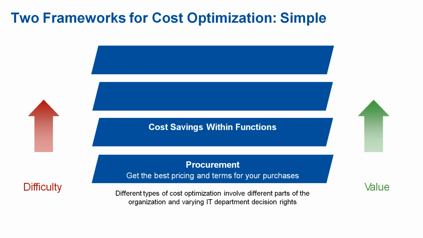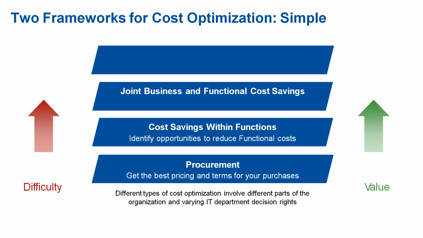Next, once your procurement is standardized and you see a great deal of cost optimization, the second thing you need to look at is the functional-wise cost. What is the business process across functions and how can I reduce it? You need to identify the opportunities to reduce the financial costs.